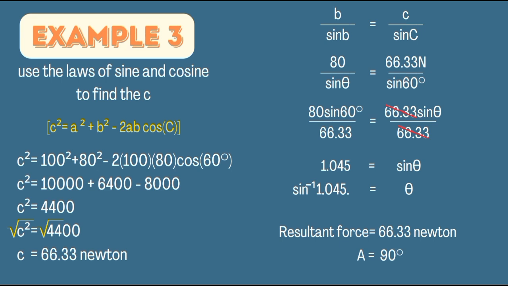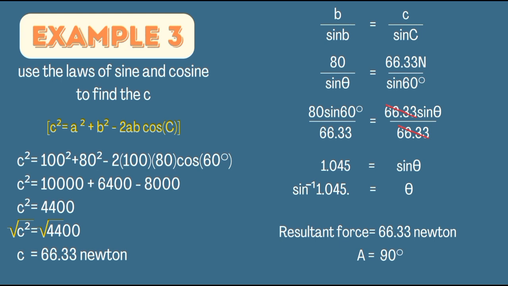To calculate all that, we will come up with 4,400, and to cancel out the square in c, we must take the square root of both sides.